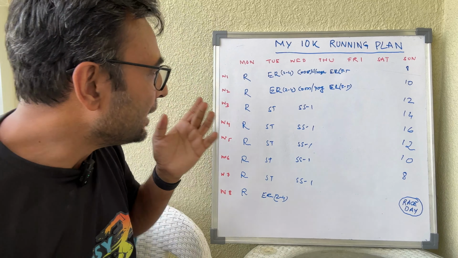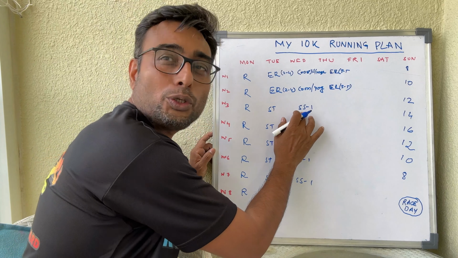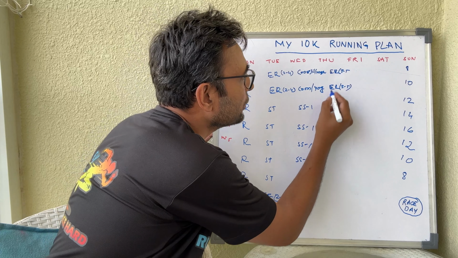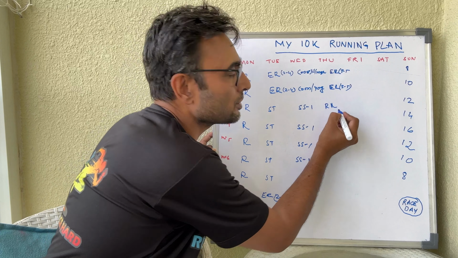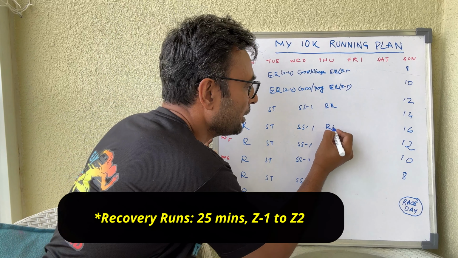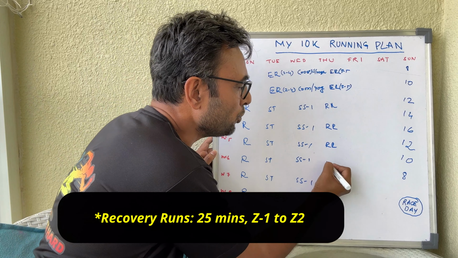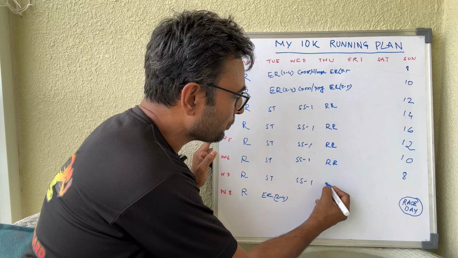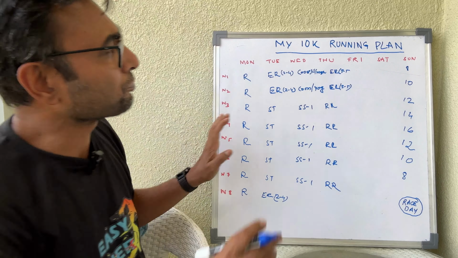And then obviously, since you have started doing the speed session, the next day, which is Thursday, you should do some recovery runs, 20-25 minutes, zone 1, that's it. Recovery runs, zone 1 or touching zone 2.